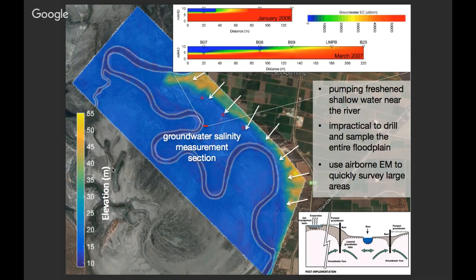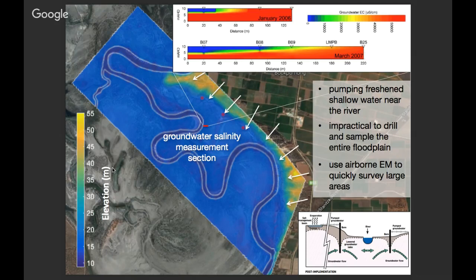So here's what they're doing. They're going to pump out at these locations, and they were also going to pump water in over here, and look at the effect of propagation of fresh water as they pump the water in. What we're looking at here is January 2006.